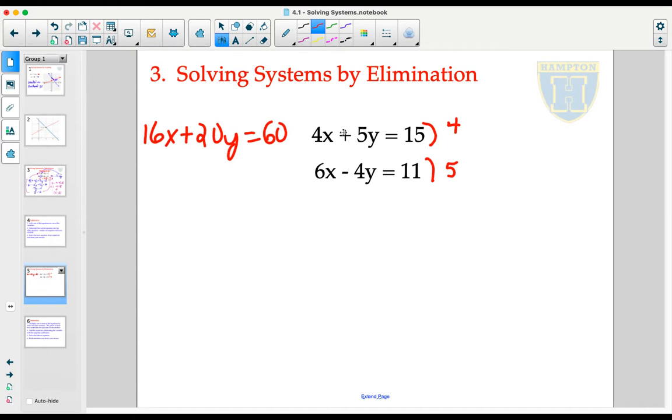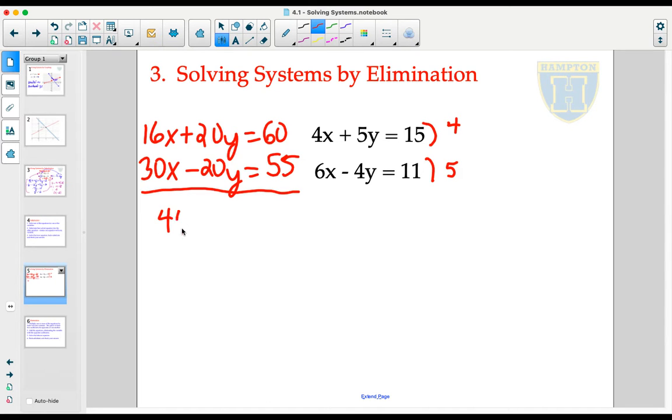The 4 became 16, the 5 became 20, and the 15 became 60. The bottom one we multiplied by 5: 30x minus 20y equals 55. And I hope that you already see the reason why we would want to do it this way. Now we have the 20y and the negative 20y. And when we add the two of them together, we're going to end up with nothing left in terms of a y. So let's add these two sides together.